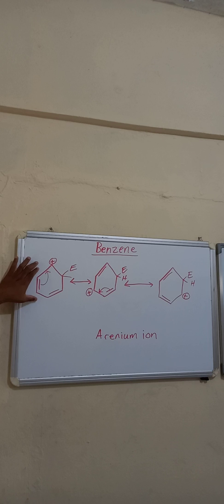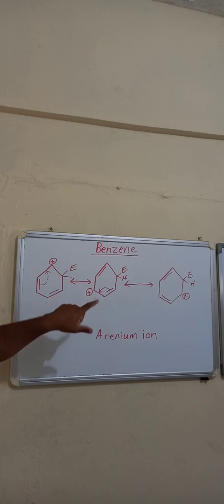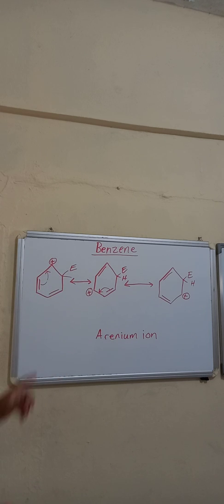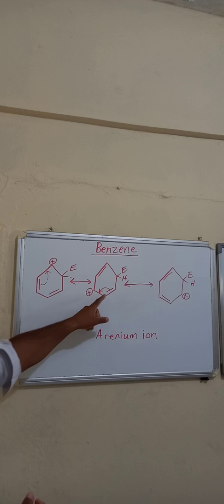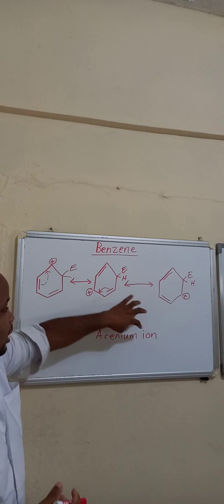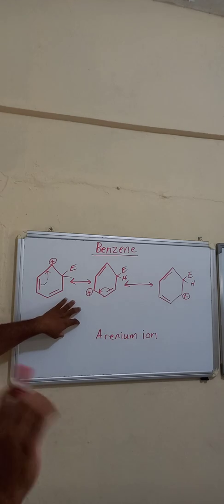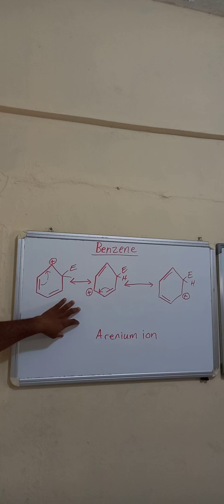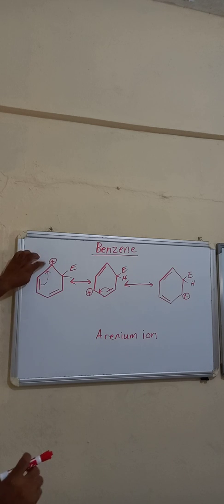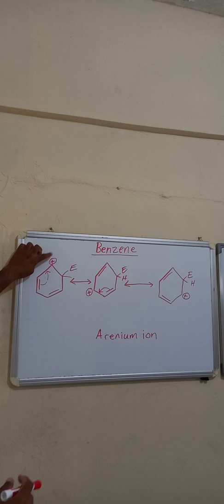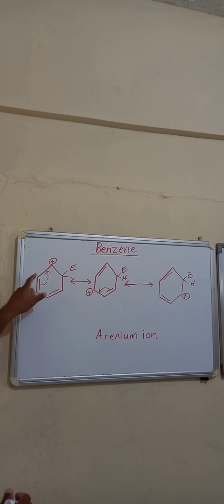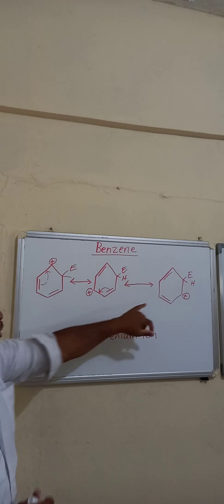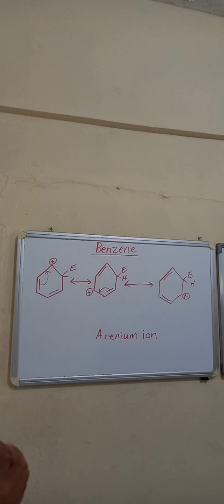So what is happening here now is the benzene ring is trying to stabilize itself. So we get more than one structure as the intermediate. So once an electrophile is added to the benzene ring, the ring is going to get a positive charge, and so the electrons will be moving around in the ring trying to get rid of the positive charge.